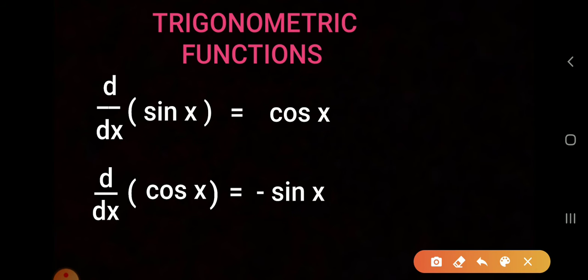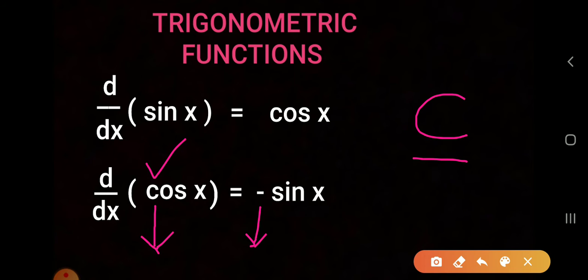Here you should observe that cos x starts with the letter C. In differentiation formulas, functions starting with the letter C should keep what? Minus. Should keep minus only.